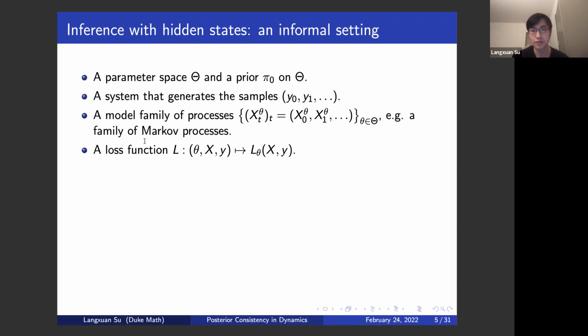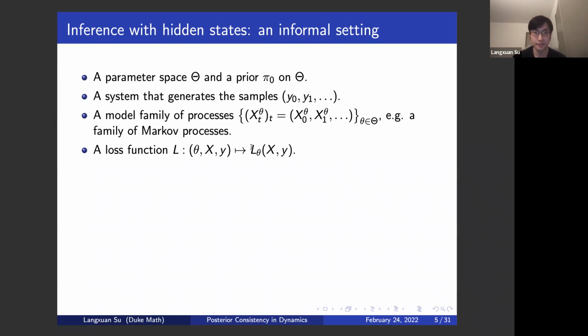And then to measure how well we can approximate the samples, we have a loss function. So given theta and the underlying state x and the samples, we can measure the performance of how well this parameter and this underlying state approximate the sample.